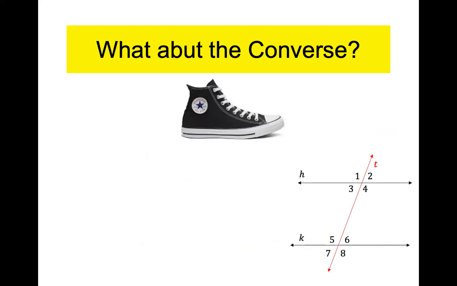What would be the other one? Who gave me the next one? Corresponding. If corresponding angles are congruent, does that make the 2 lines parallel? Remember, the converse means we're not starting with the fact that 2 lines are parallel. We're starting with that second part, if corresponding angles are congruent. And the last one would be, if same side interior angles are supplementary, are the 2 lines parallel?